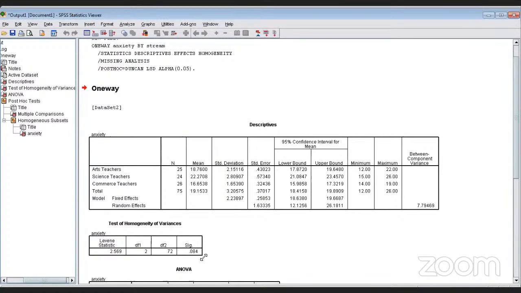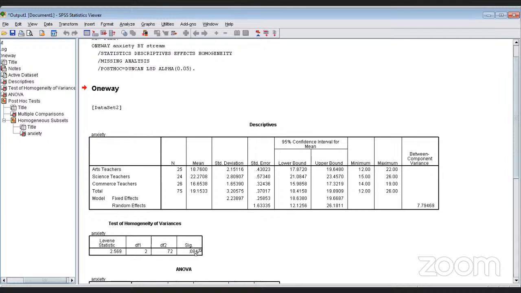Now here you can see the homogeneity of variance. Here this is 8.4% error. So this Levene's statistic is 2.569 and here error is 8.4%, and this error is more than 5%.